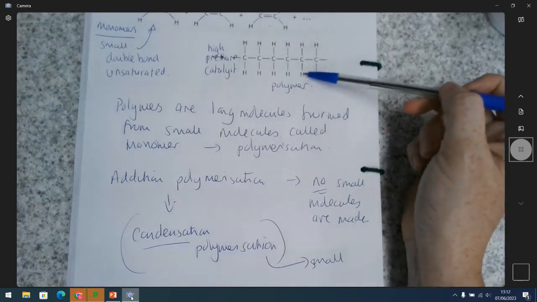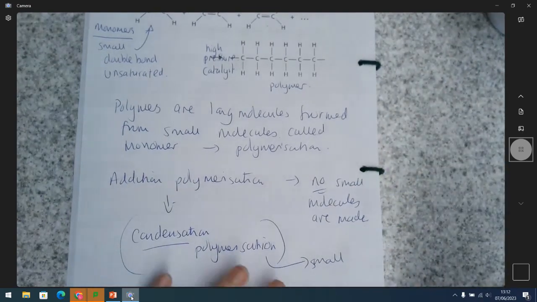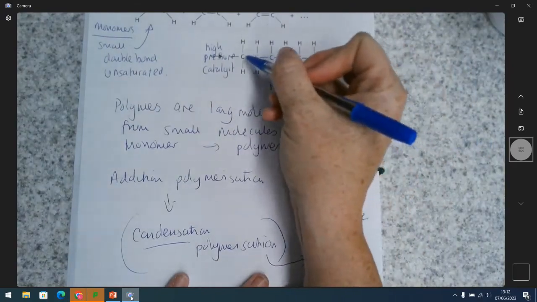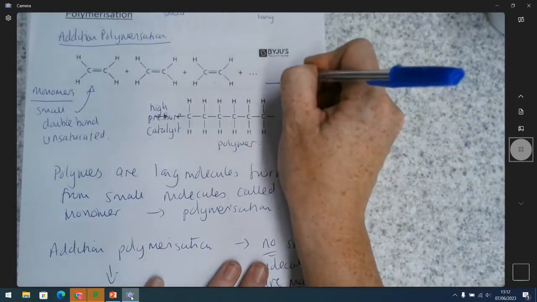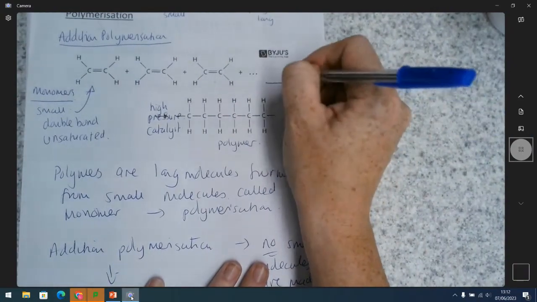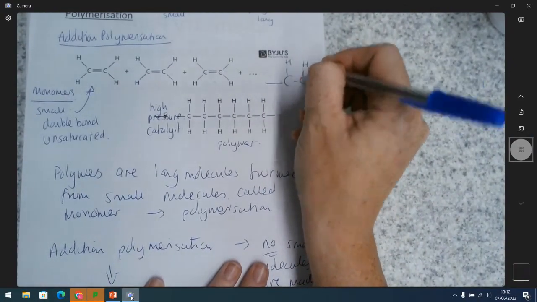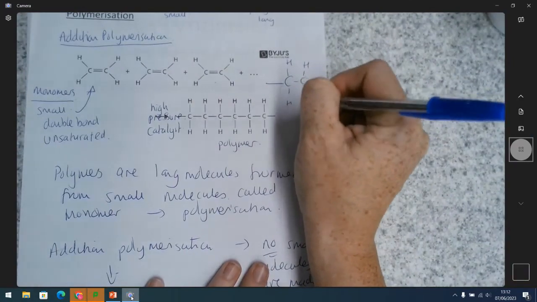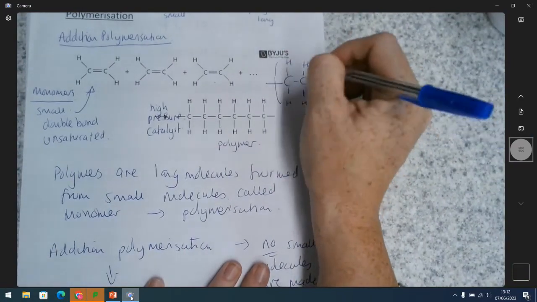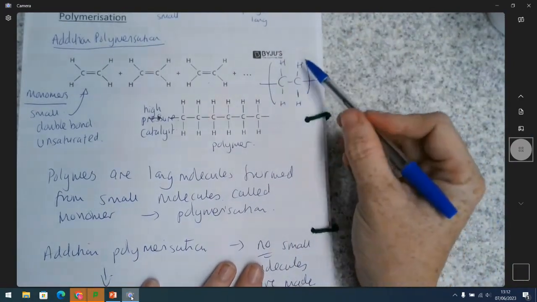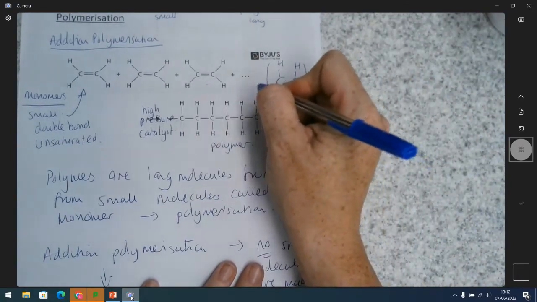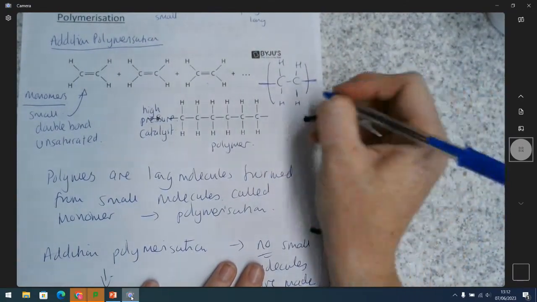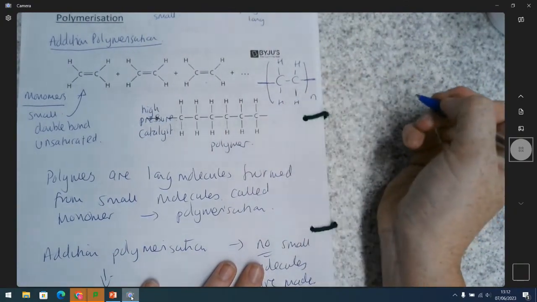Now, I can also draw my polymer in a different way. To save me writing this out as a big long chain, I can in fact use brackets. I'm going to draw an example of this polymer in the form that you might see it. Can you see how I've got my brackets around the molecule, and I've got the lines coming out across the brackets, and then I have a little n there?